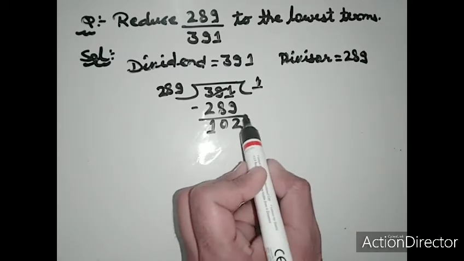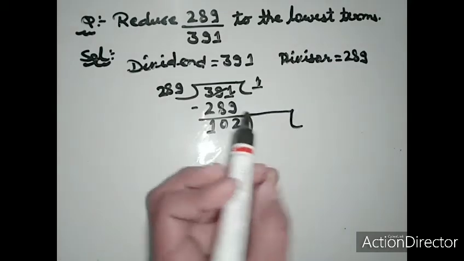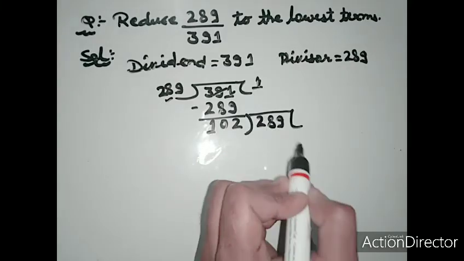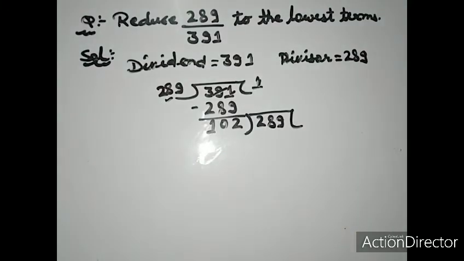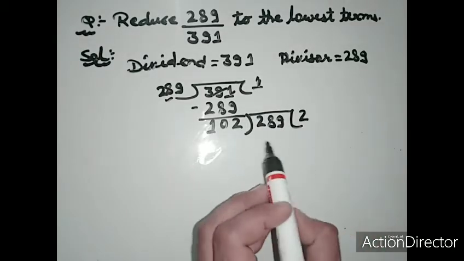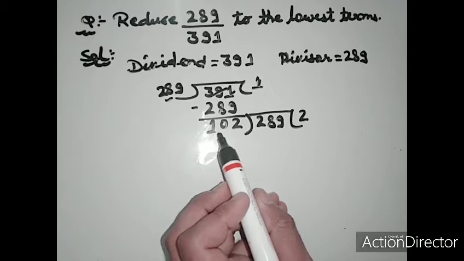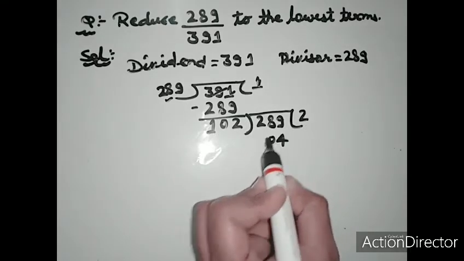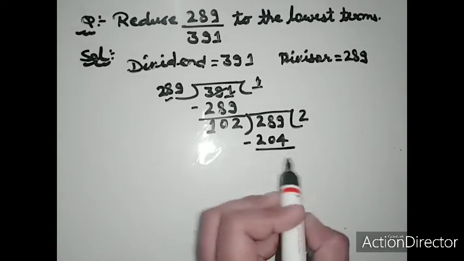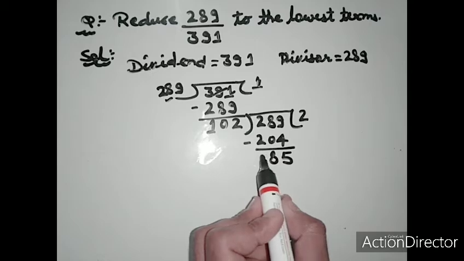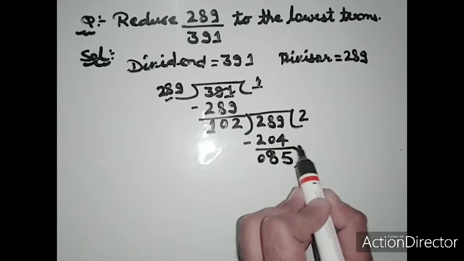Okay, now here we take this divisor as a dividend here. Now we divide 289 by 102, 2 times. 2 2s are 4, 2 0s are 0, 2 1s are 2. 9 minus 4 is 5, 8 minus 0 is 8, 2 minus 2 is 0 here.